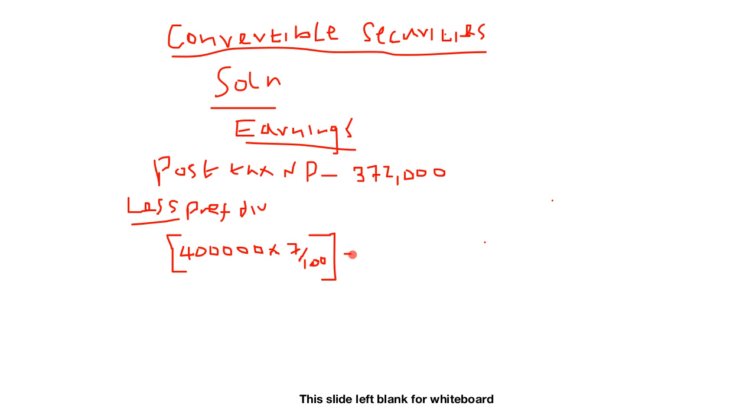If you multiply 7% of 400,000, what will that give us? Boniface Nyaga, what will that give us? That will give us 28,000.